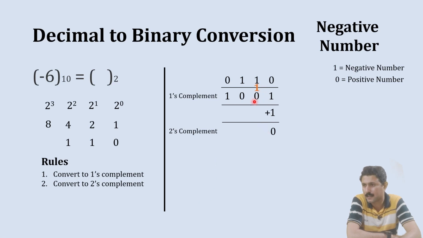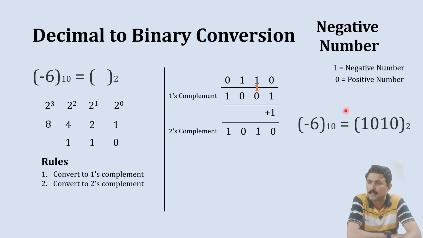Now again here there is no other number, so 1 plus 0 is 1. Here there is no number, so 0 plus nothing, so 0 plus 0 is 0. And again 1 plus nothing, so it is 1. So 1 0 1 0 is the binary equivalent of negative 6. So minus 6 is converted into binary as 1010.